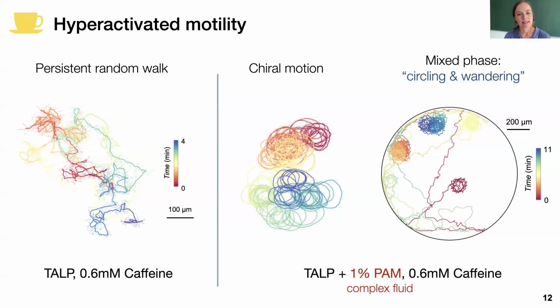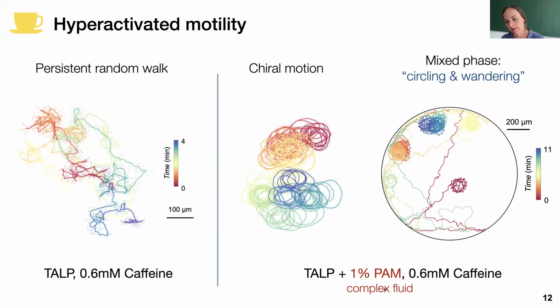Now we can quantify these dynamics by actually tracking the cells, and these are typical trajectories that one would observe. If you just think of a hyperactivated sperm cell with a little amount of caffeine, the dynamics look roughly like a persistent random walk.